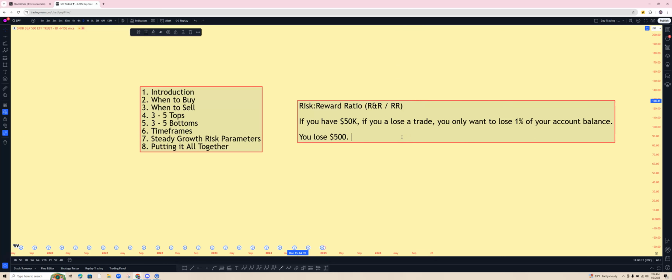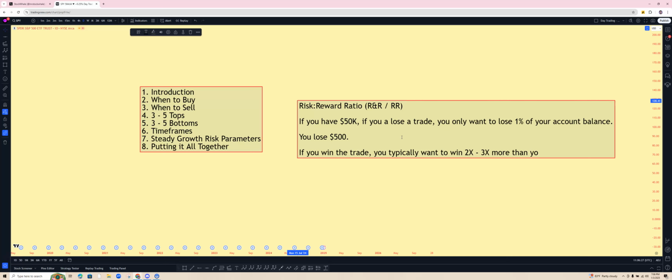Now, if you win the trade, you typically want to win 2x or 3x more than you lose. Let me tell you that one more time. If you win a trade, you want to win $1,000, or maybe 3x your money, maybe $1,500, for your reward.